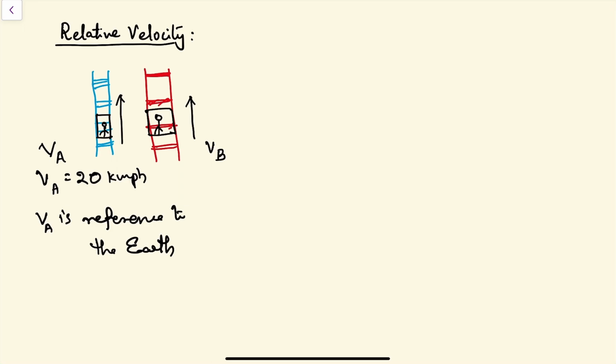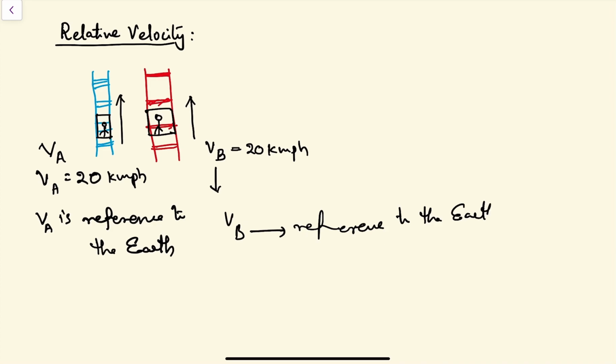Velocity of A with reference to earth is 20 kmph. And of course, if you are observing, it is also 20 kmph. Velocity of B with reference to the earth, stationary.